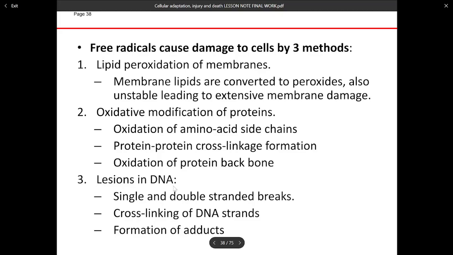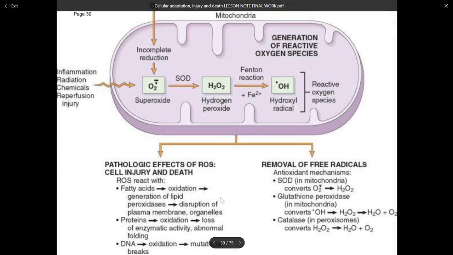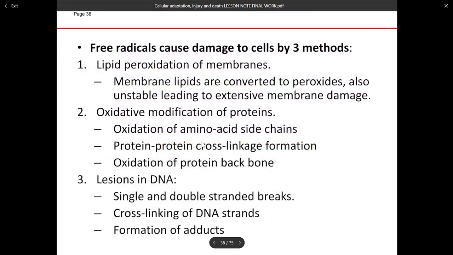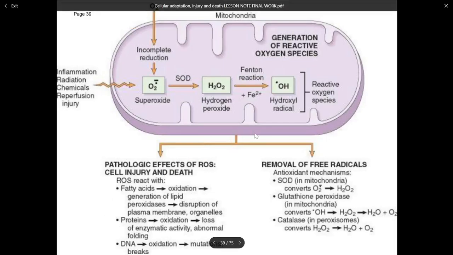Thirdly, there's DNA lesion: single or double-stranded breaks, cross-linking of DNA strands, and lastly, formation of adducts. This is a diagrammatic representation of everything I just said, so you can just follow it.